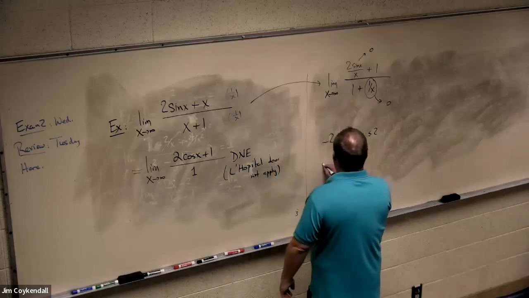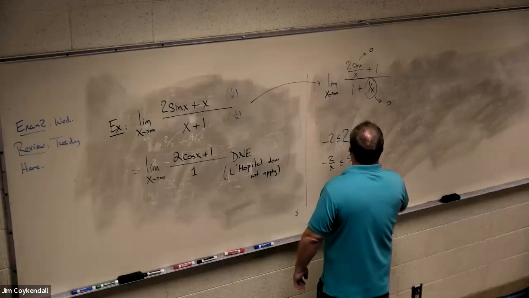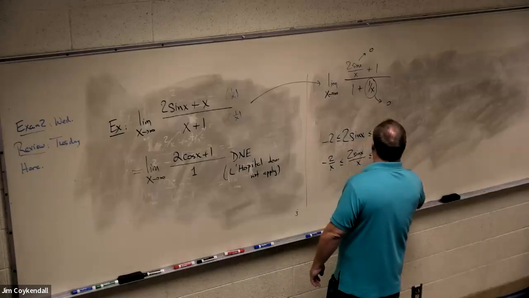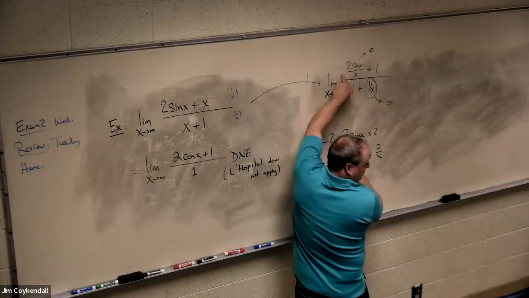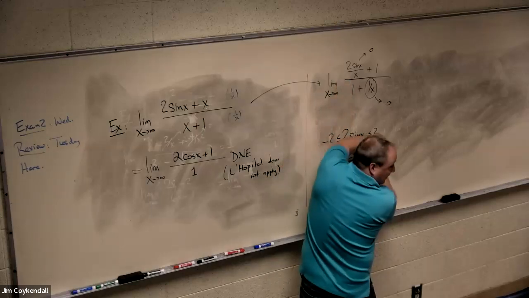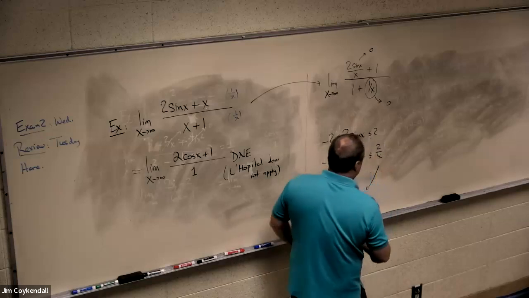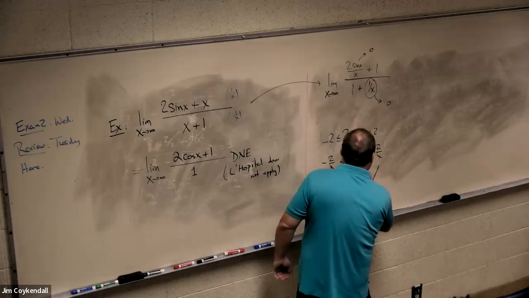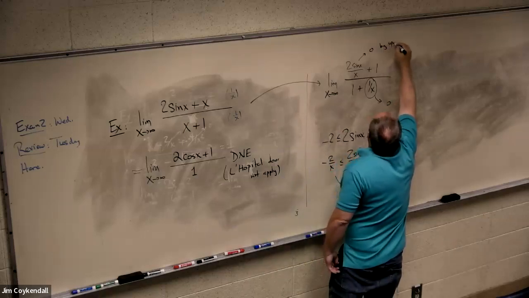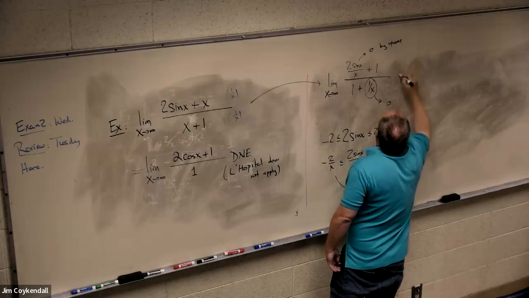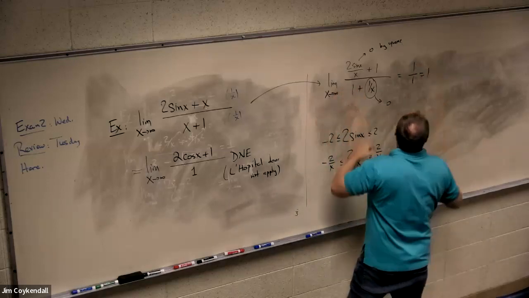Divide this by x, and x is always positive since we're going to infinity. So this thing is between the little guy and the big guy. But as x goes to infinity, where do these both go? 0. And so this goes to 0 by squeezing. And so what am I left with? 0 plus 1 over 1 plus 0. So I get 1.